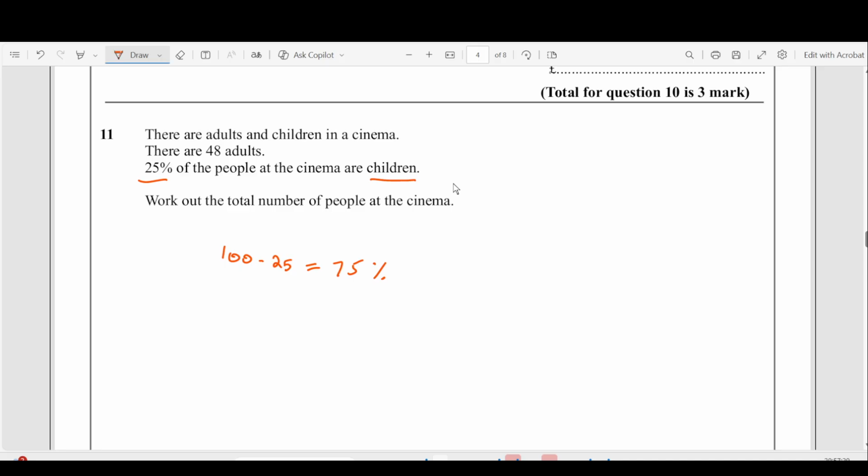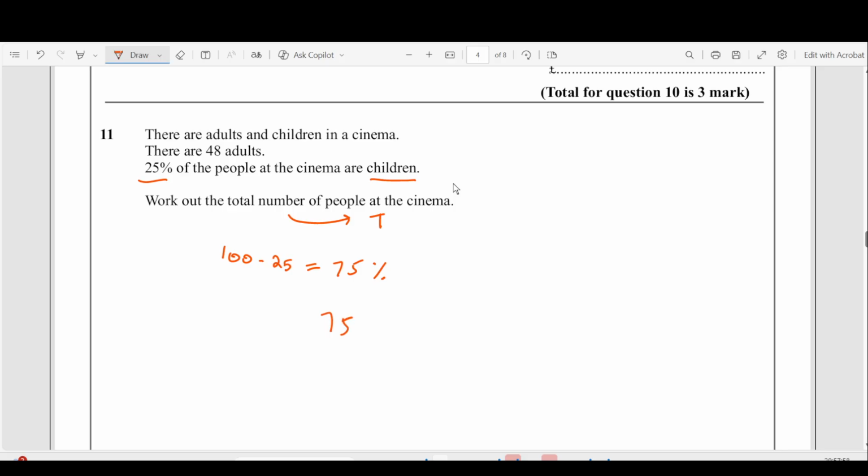Now, if 75% of 100 is 48, this is what it means. Actually, what I mean is the total number of people. Suppose what we need to find is the total number of people. So let's say this is T. I will be writing T in place of total number of people.